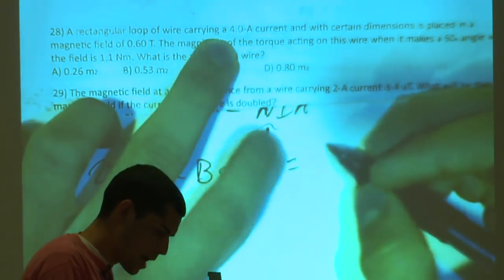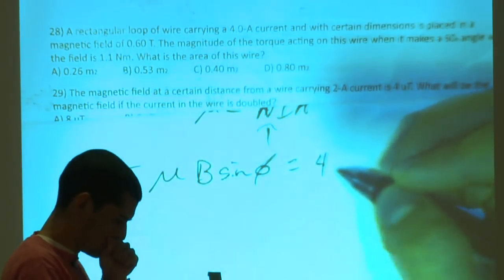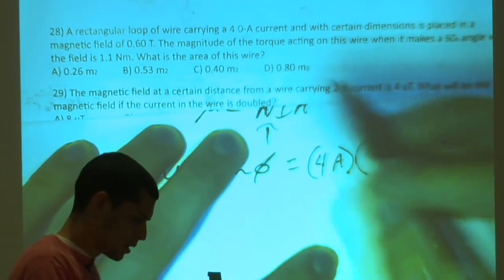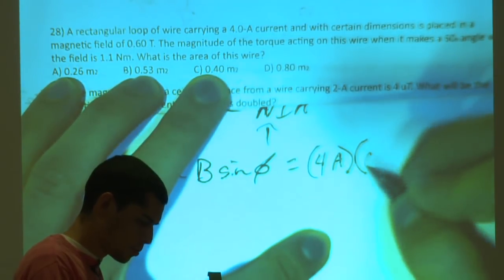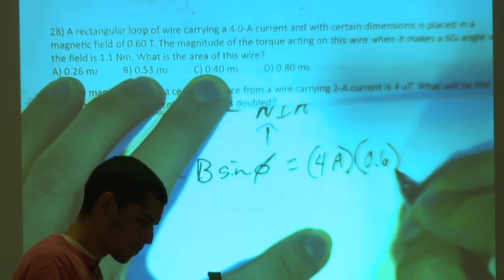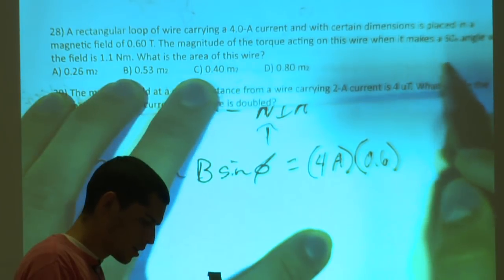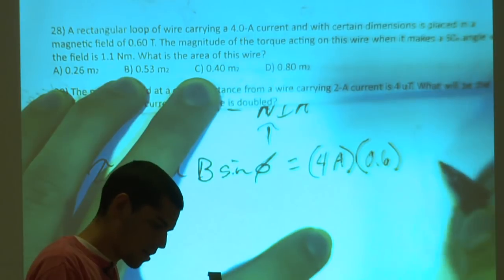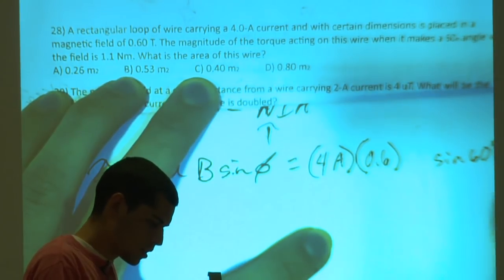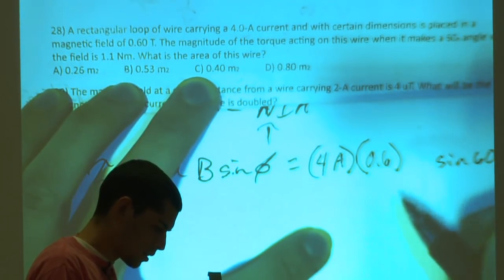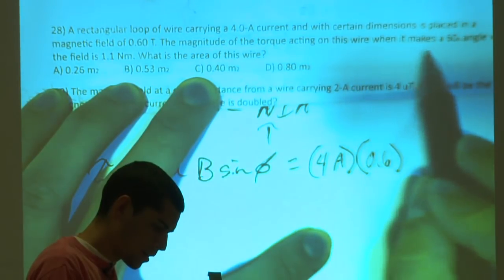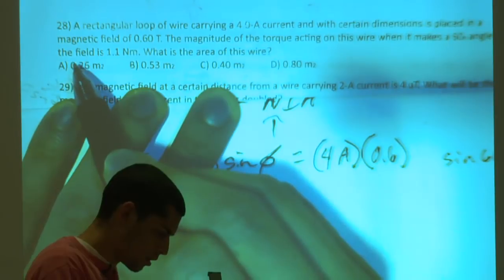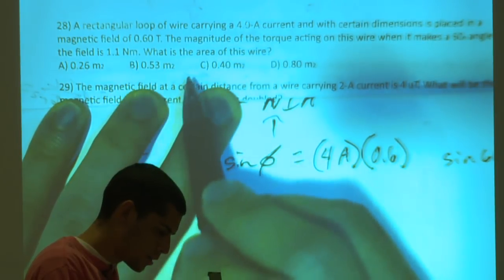I is 4 amperes, times the magnetic field, which is 0.6 Tesla, times sine of 60. The magnitude of the torque acting on it when it makes an angle of 60 degrees with the field is 1.1 Newton meters. What is the area?